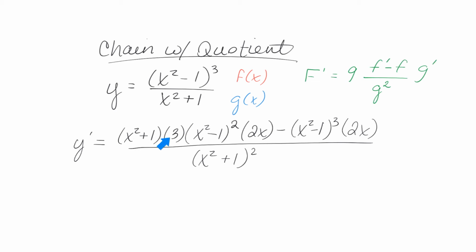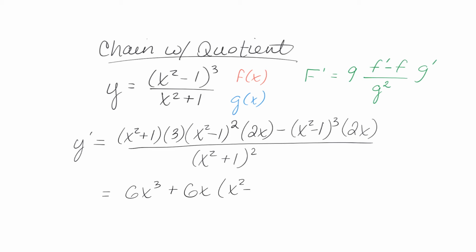So let's look over here at this chunk first. I can't do anything to this because it's being squared, unless, of course, I want to multiply it out. But with an exponent, we can't touch it. However, x squared plus 1 times 3 times 2x, I can do something there. 2x times 3 is 6x, and if I multiply that in, then I'll get 6x cubed plus 6x.